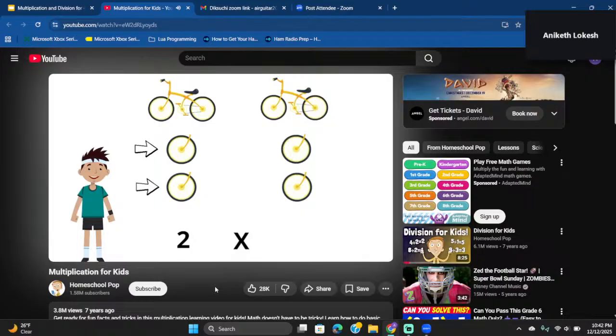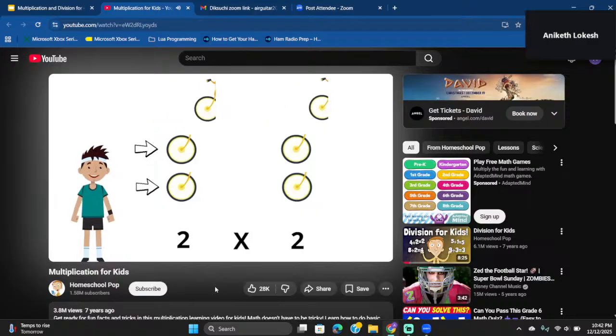Alright, the second number we write are the number of groups. You can see them here. How many groups do we have of 2? How many? Yeah, 2. So it reads 2 times 2. To figure this out, we are going to skip count by 2. 2, 4. That means 2 times 2 equals 4.